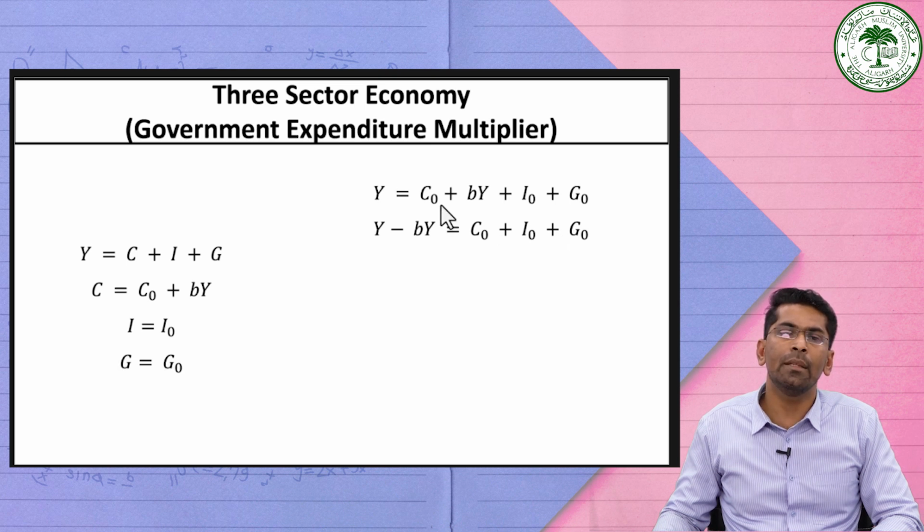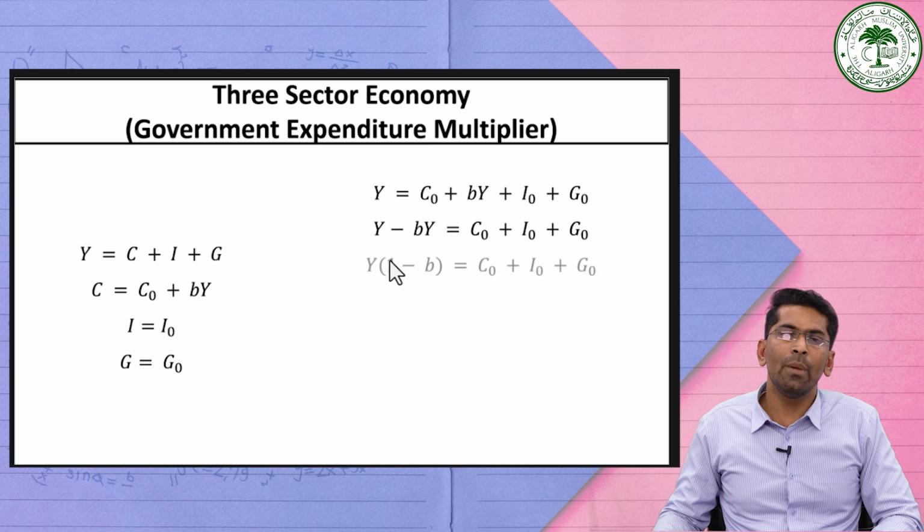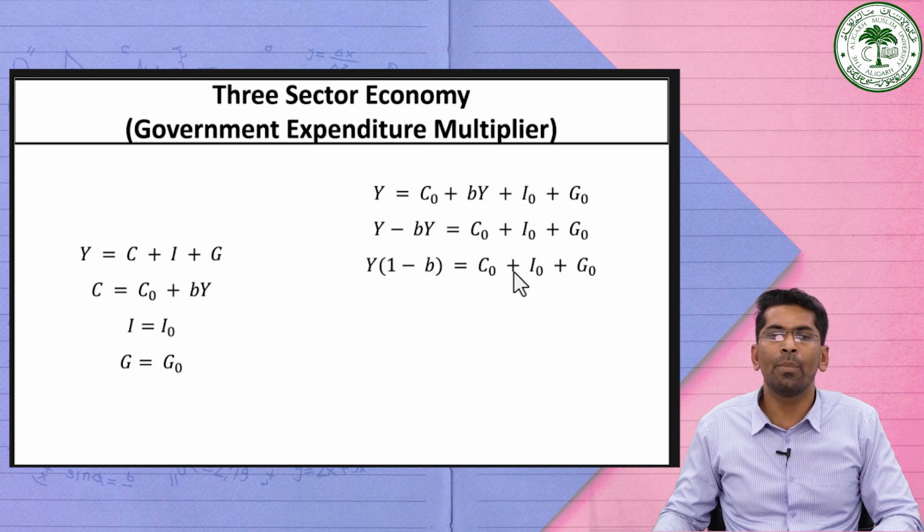The Y term is common, so taking it outside, Y into 1 minus B is equal to C0 plus I0 plus G0.